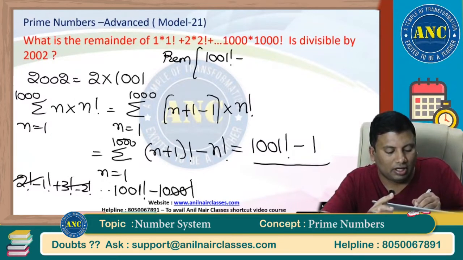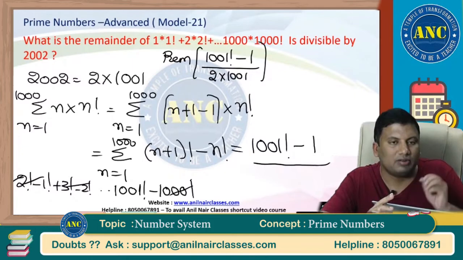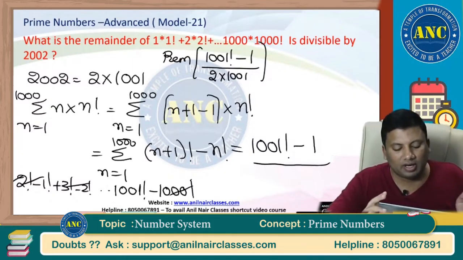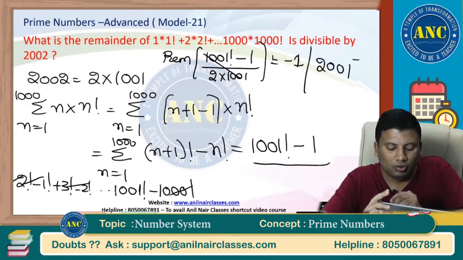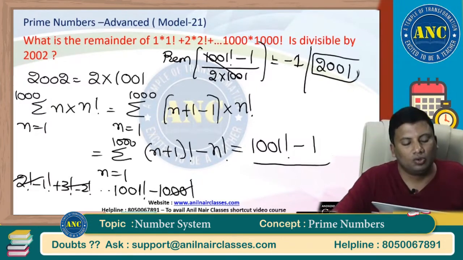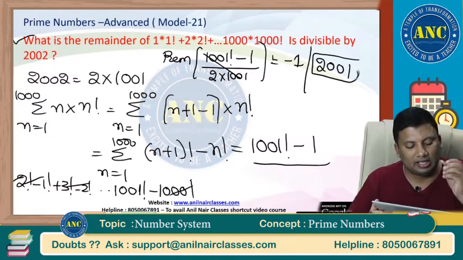So we need the remainder of 1001 factorial minus 1 divided by 2 into 1001. 1001 factorial contains 1001 and 2, so it is divisible, and the negative remainder is minus 1. The positive remainder will be 2002 minus 1, which is 2001. The answer is 2001. I hope the idea is clear.